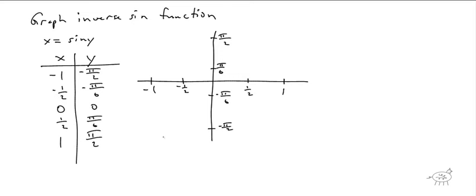Okay, and then I plot our points here. That guy, that guy, that guy, that one, and that one. All right, so our graph is going to look something like this.